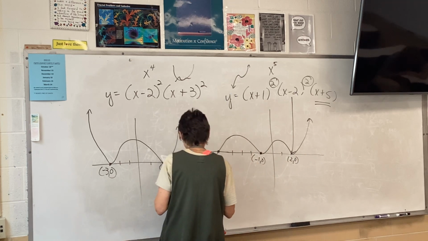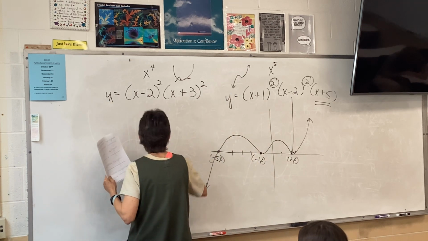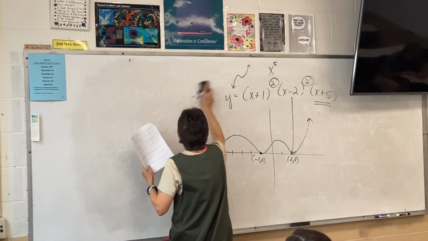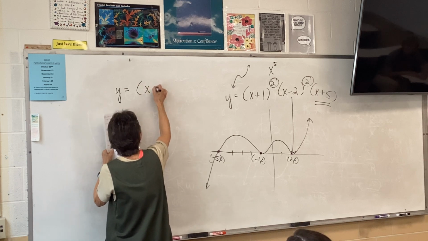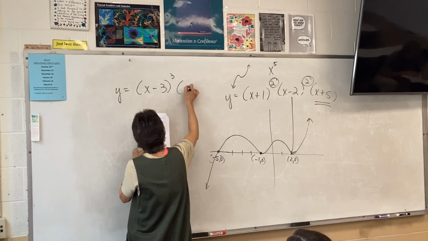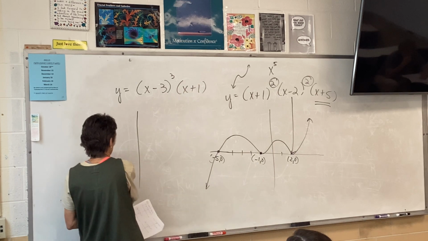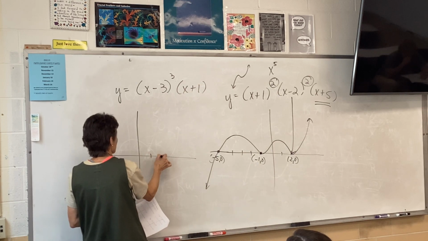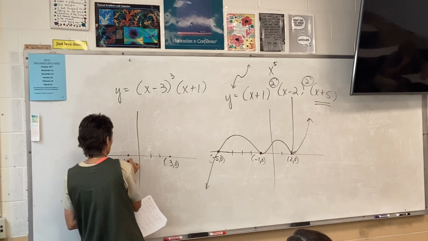F, total craziness. What's going on in F? Now we have a cubed factor. So something's happening at 3, and something's happening at -1.